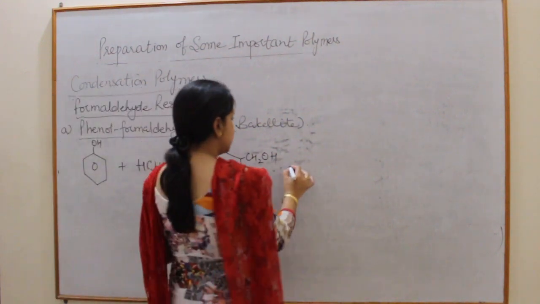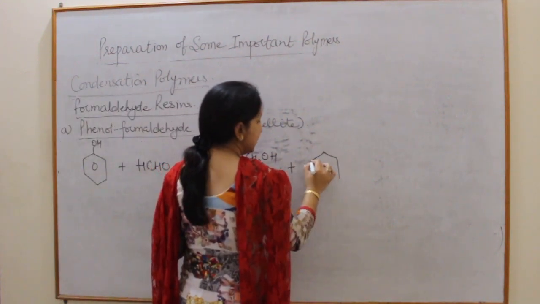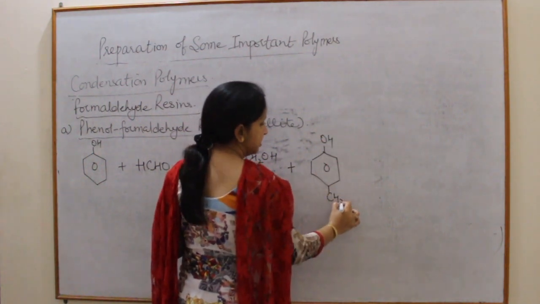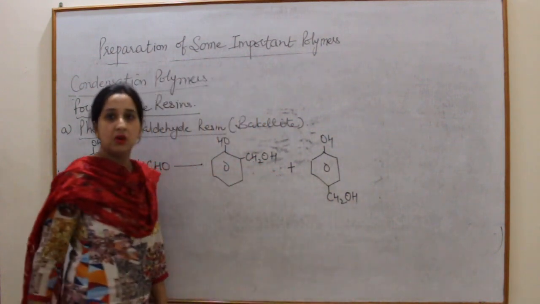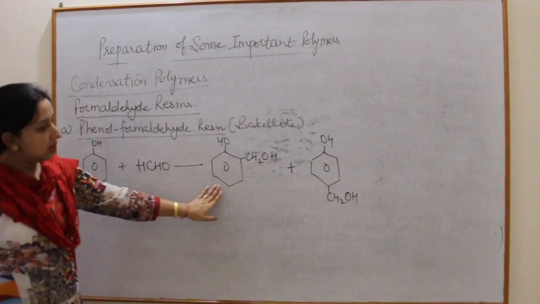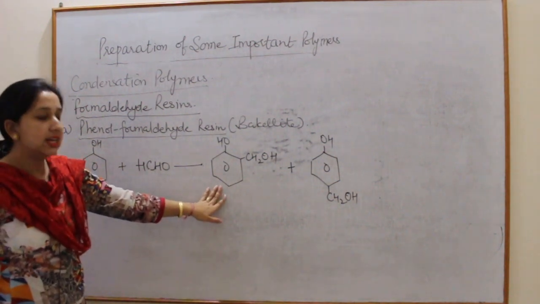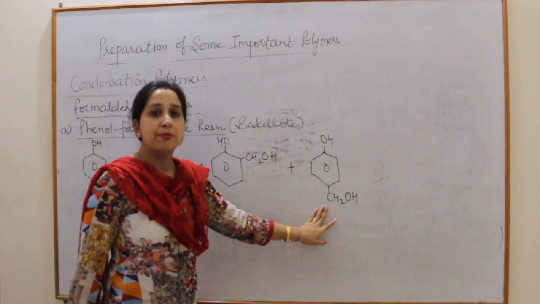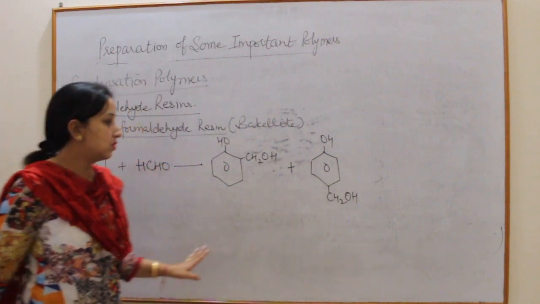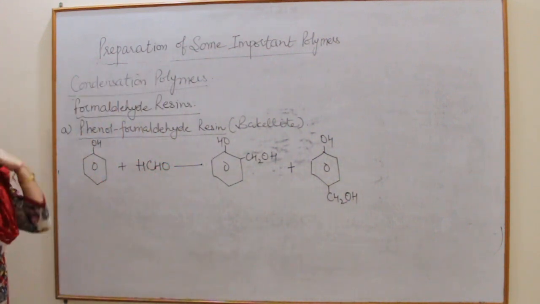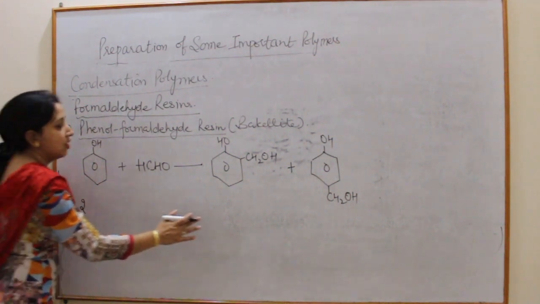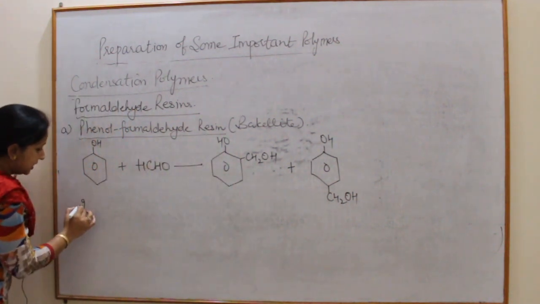This is the ortho product, and also we will get the para product like this, CH2OH. Now there are two possibilities. Only ortho type monomers will combine with themselves, or para will combine with themselves, to get a product known as Novolac.